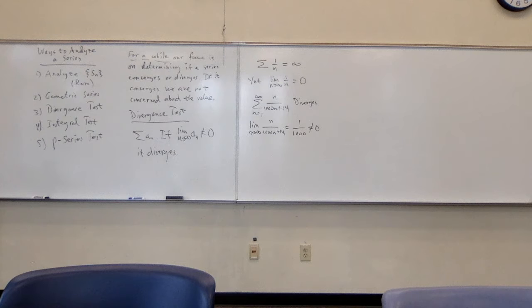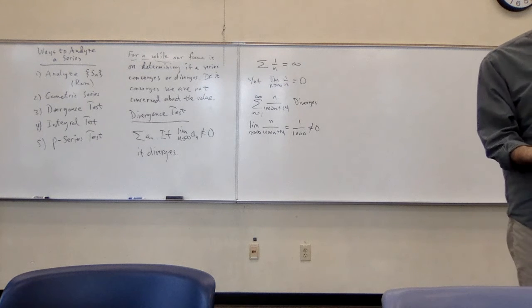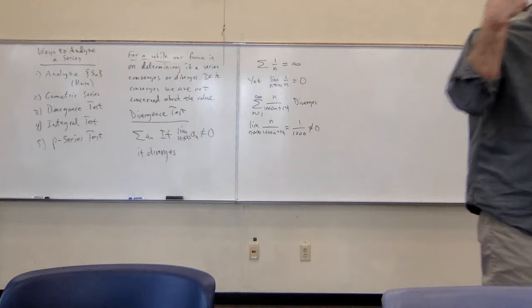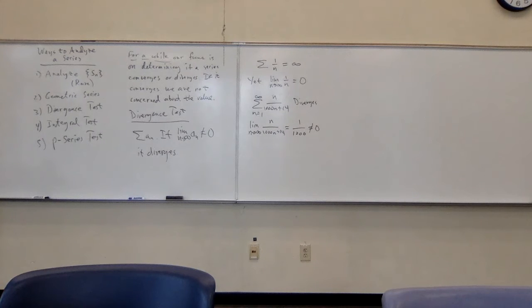When I go to look at the problems that are implemented in the online system, there is not a single one where the divergence test resolves the issue for us. And I don't know why that is. So I posted a picture of some problems from a book that I used to use. Be sure you find it. I'm going to ask you about it on the next quiz, next test.